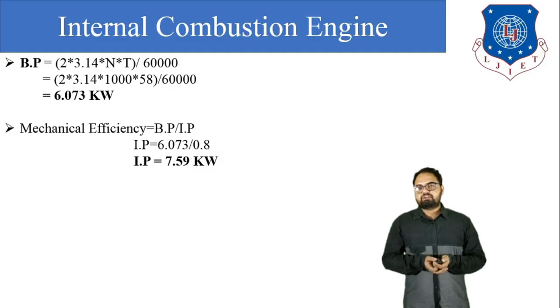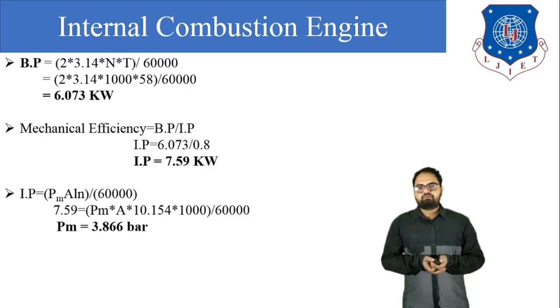So we have already got the value of indicated power. Now we need to find the mean effective pressure, which appears in the equation of indicated power. From the indicated power equation we will get the value of PM. IP is equal to PLAN divided by 60,000.